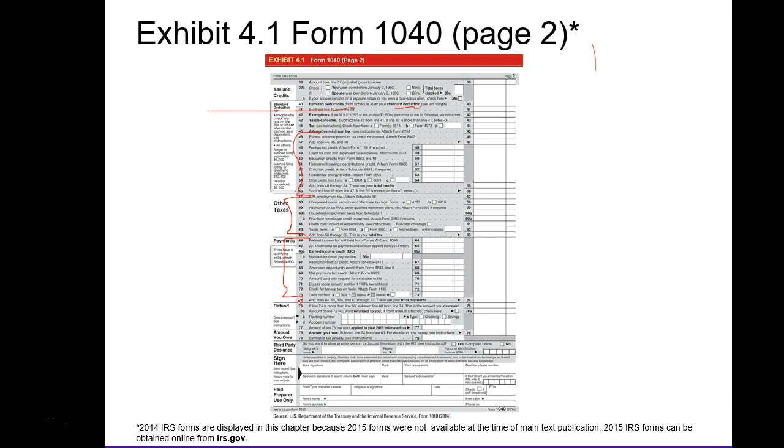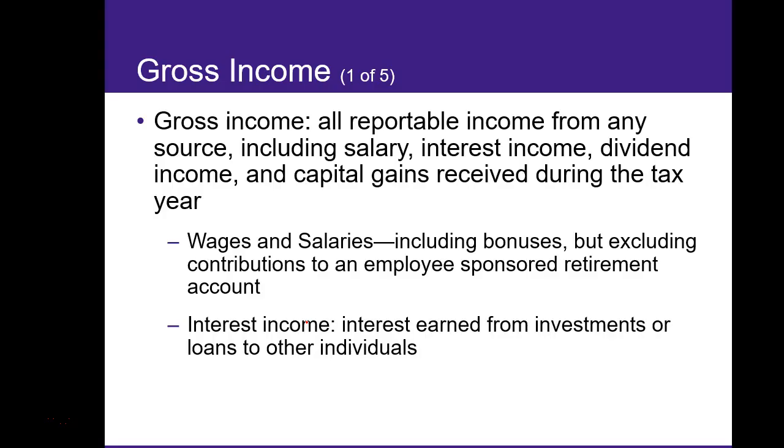It also shows certain types of credits which are going to be refundable, okay? And once you look at your tax liability, you look at any credits you may have qualified for, the end result will determine whether you have an overpayment, which is known as a refund, or if you have an underpayment and you're going to owe money to the federal government.